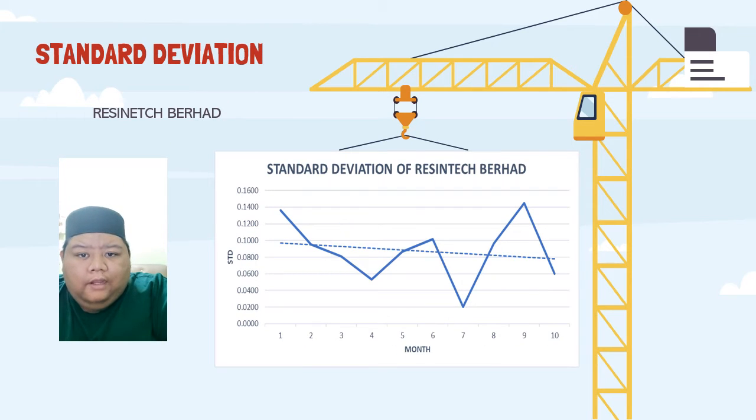Now we look at the Touch-Berhad standard deviation analysis, and we can see the value is better than the previous Berhad, but it is still under the 1.0 value.